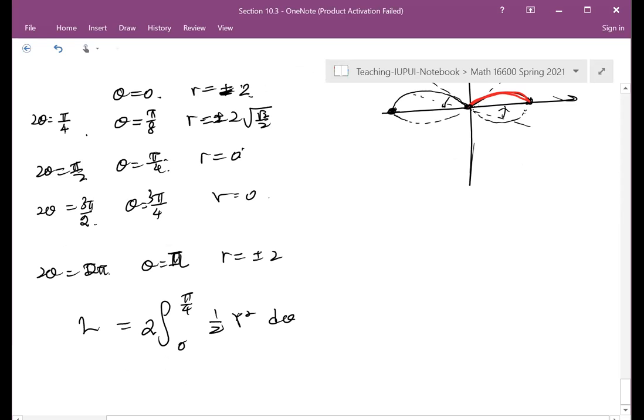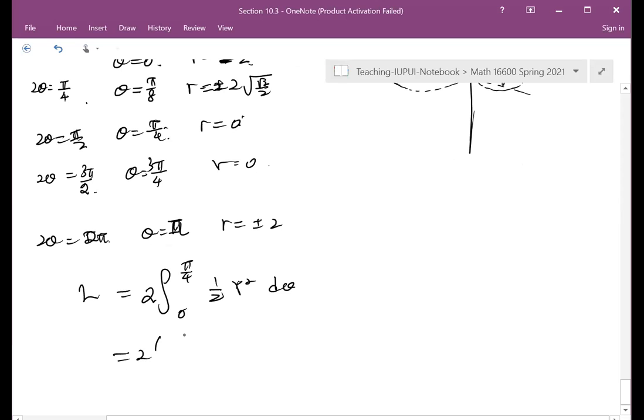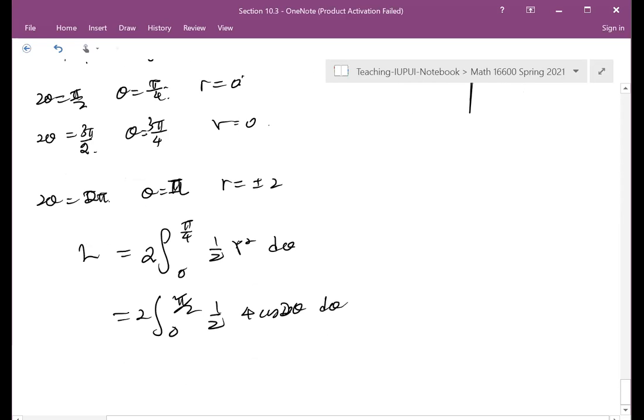So half of r squared is going to be, r squared is going to be 4 cosine 2 theta, right?